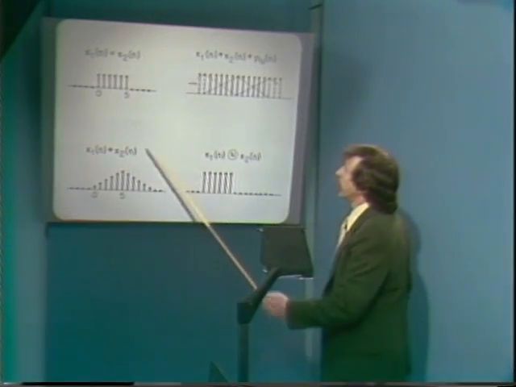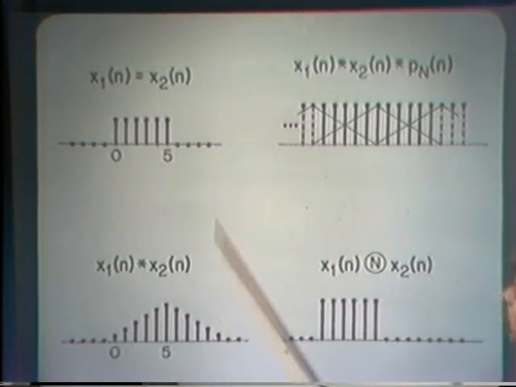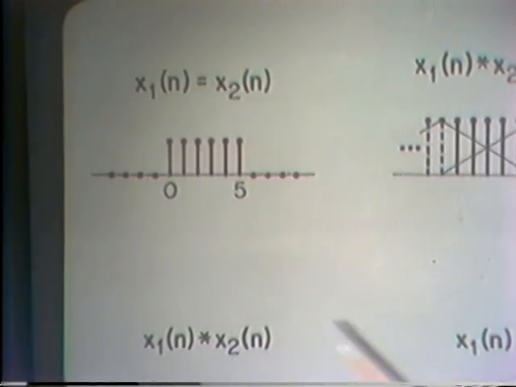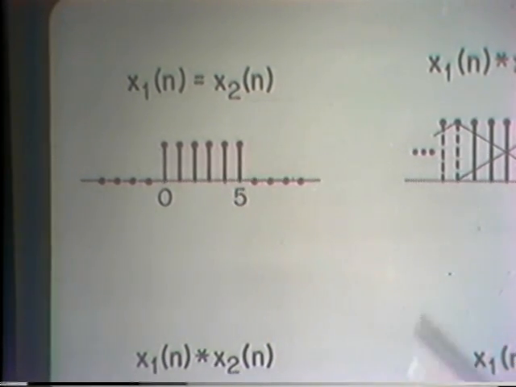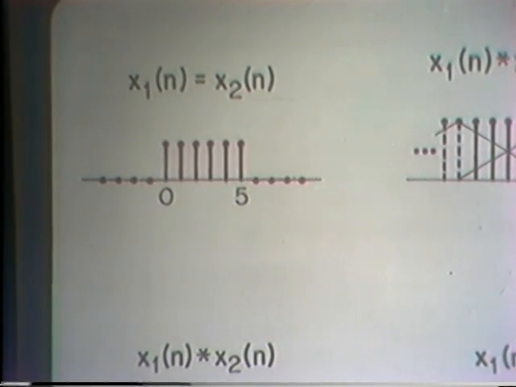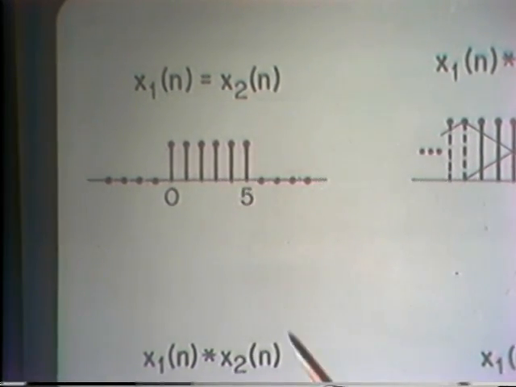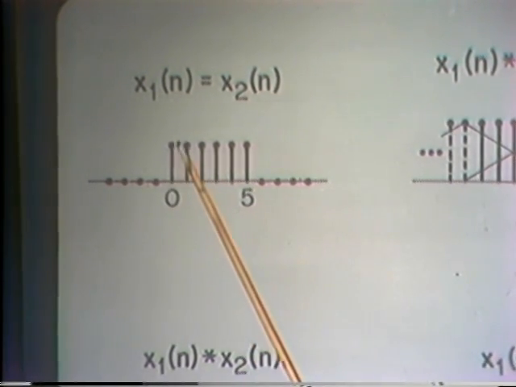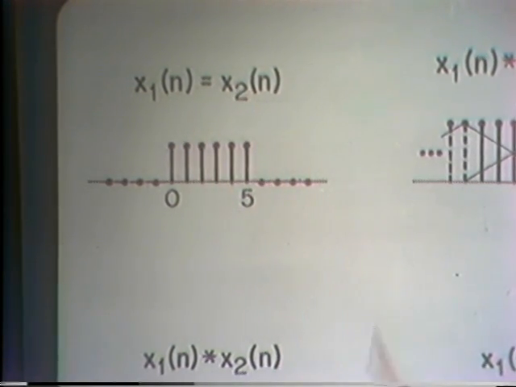Here is a sequence, x1 of n. It's a 6-point sequence. And let's carry out the circular convolution of this sequence with itself. That makes it a relatively straightforward example. And let's do that by using the notion that circular convolution is linear convolution plus aliasing. So we want, first of all, to form the linear convolution of x1 of n and x2 of n.